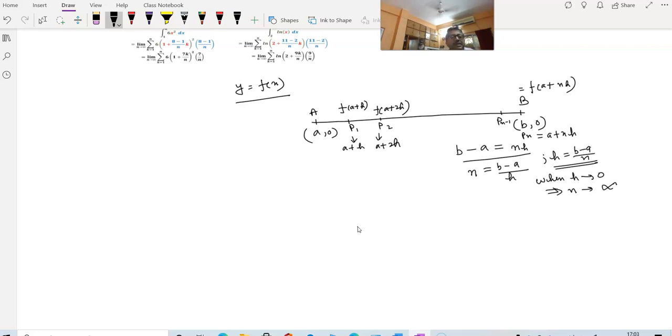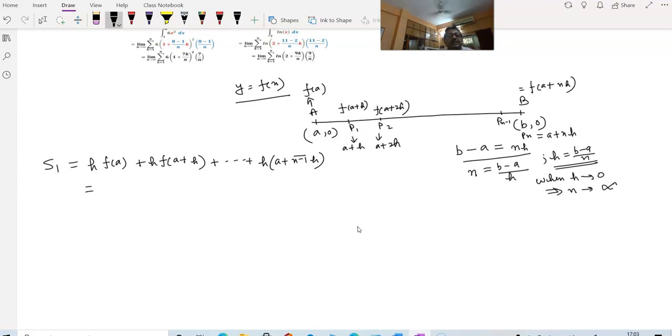Now consider this sum S1. The functional value at the point x equal to a is going to be f(a). Consider the sum h into f(a), plus h into f(a plus h), up to h into f(a plus (n minus 1) into h).